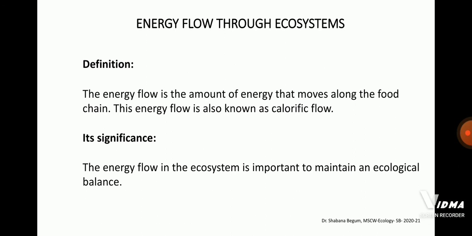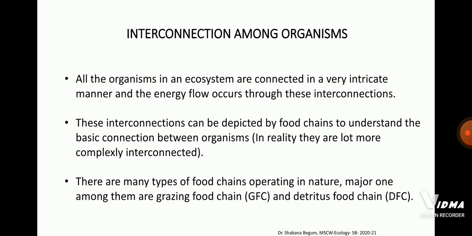Once again, the definition of energy flow through an ecosystem is the amount of energy that moves along the food chains. This energy flow is also known as calorific flow. The energy flow in the ecosystem is important to maintain an ecological balance. Let me tell you what food chains are.